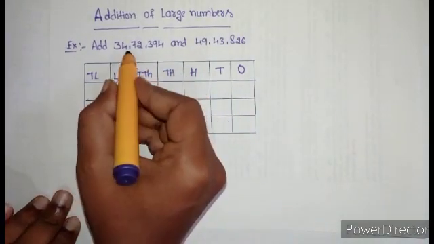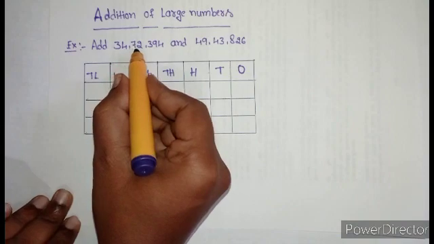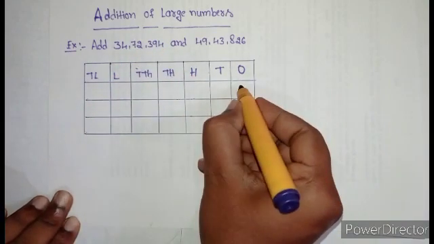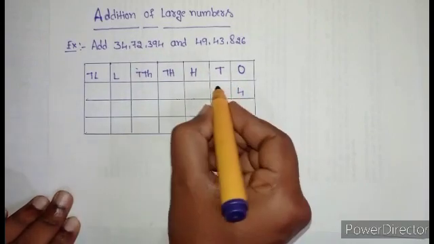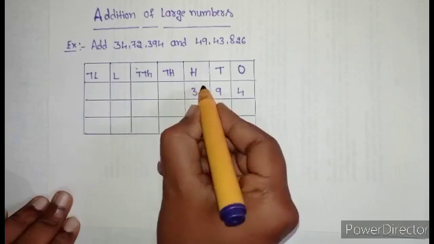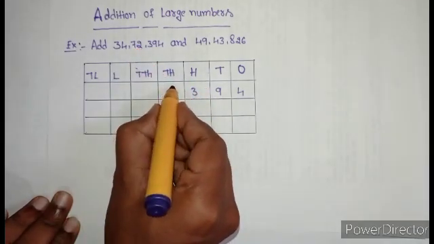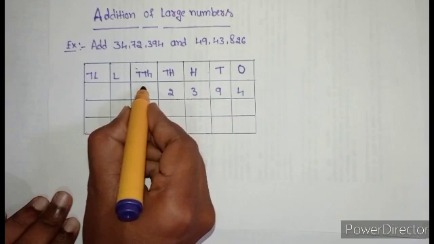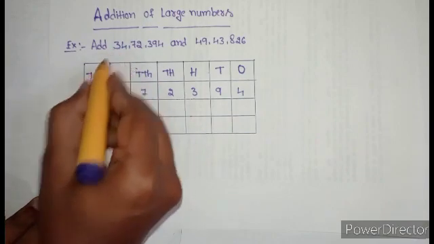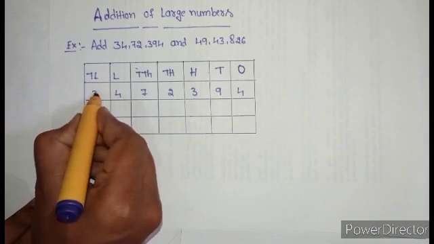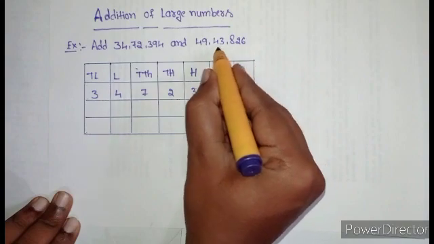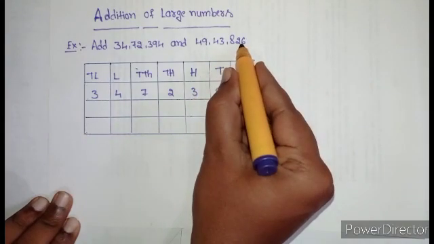First, we take 34 lakhs 72,394. This 4 is in the place of ones, 9 is in the place of tens, 3 is in the place of hundreds, 2 is in the place of thousands, 7 is in the place of ten thousands, 4 is in the place of lakhs, 3 is in the place of ten lakhs. Next I am going to substitute 49 lakhs 43,826.